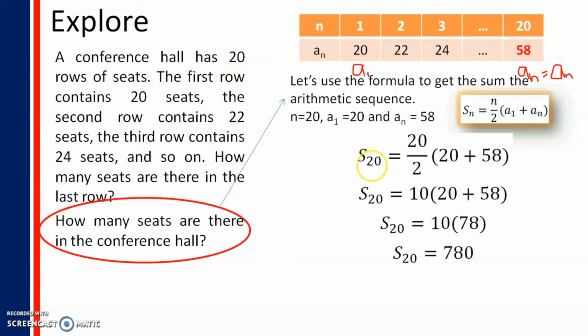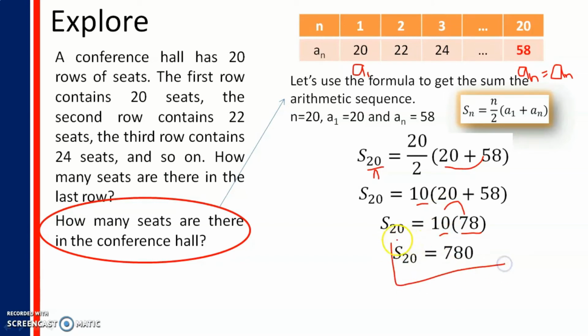How many rows are there? 20. So the value of n is 20. The first term is 20 again, and the last term is 58. Evaluating this equation, we have 78. 20 divided by 2 is 10. 10 times 78, we have 780.